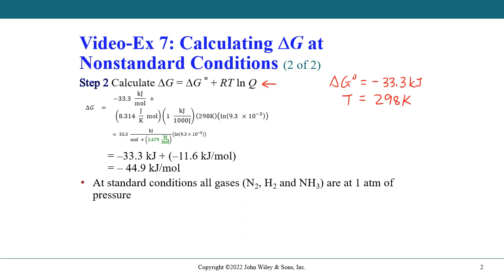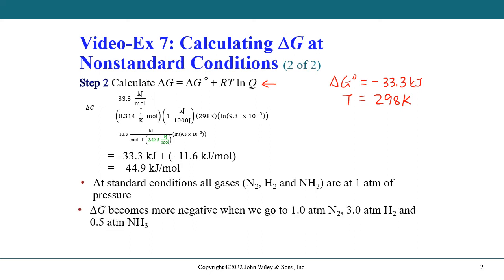But if we change them in any way, as we've now changed them to 3 atmospheres of hydrogen and half an atmosphere of ammonia, we find that we can actually drive the equation to the right and produce more products, because that means the delta G is going to be more negative.